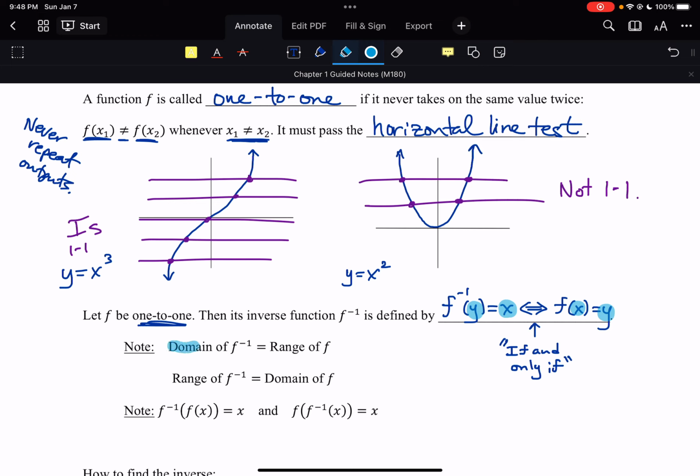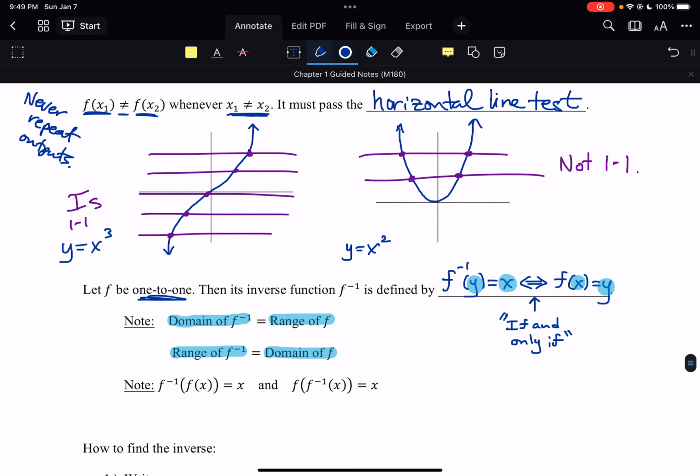The domain of f inverse is the range of the original, and the domain of the original is the range of f inverse. In the original, the domain are the x's and the outputs are y's, so the range are y's. In the inverse, the inputs are y's, so the domain are y's, and the range are the x's. So everything is just flipped. Everything is opposite. It has switched places.